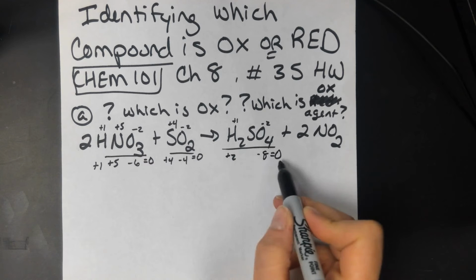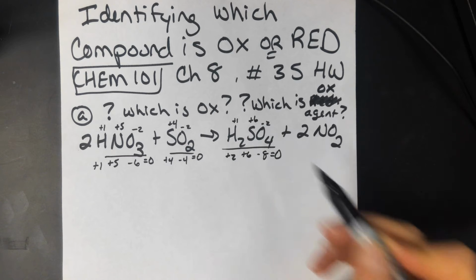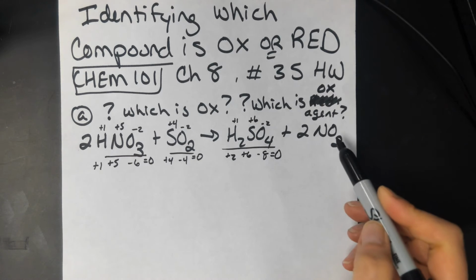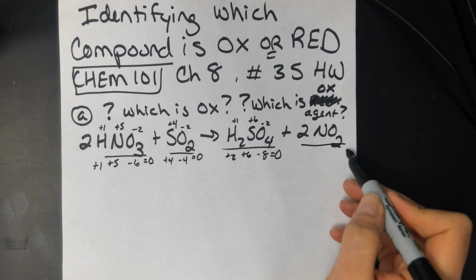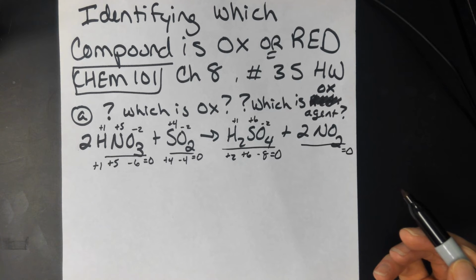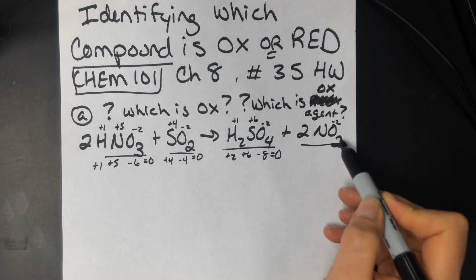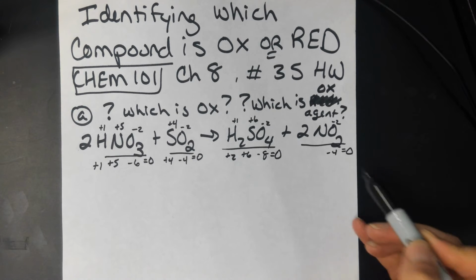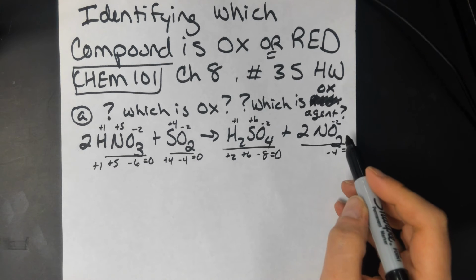So sulfur in this situation has to be +6 to make it true. Then over here, in the molecular compound NO2, there's no charge, so it has to equal 0. O's will be -2, and there are 2 of them, so -4. So N in this case has to be +4.